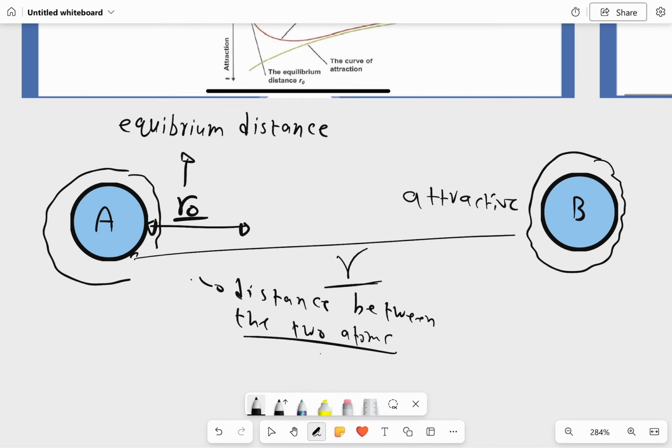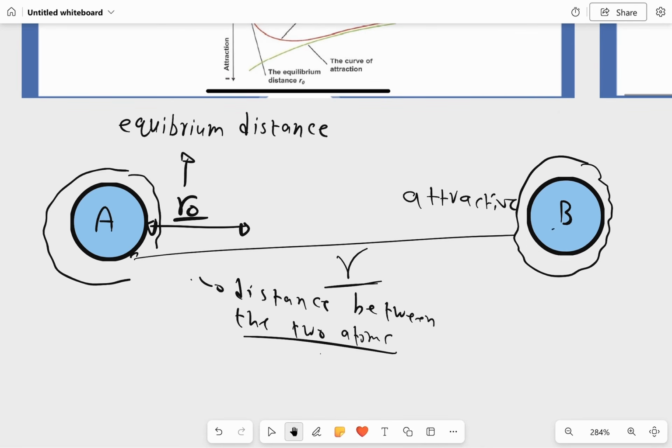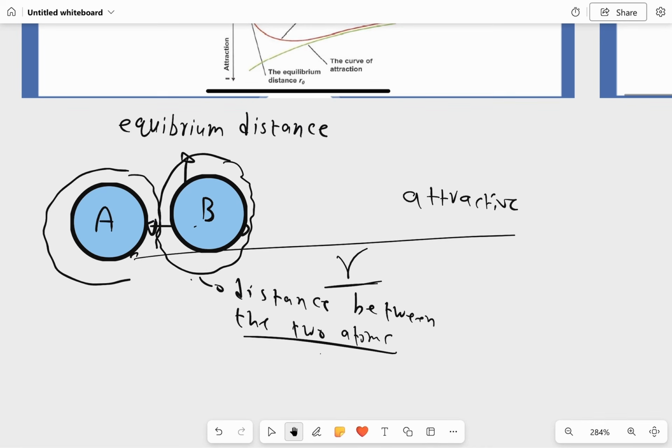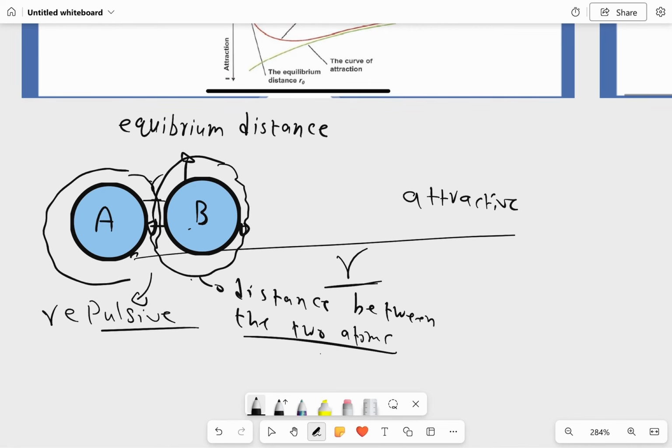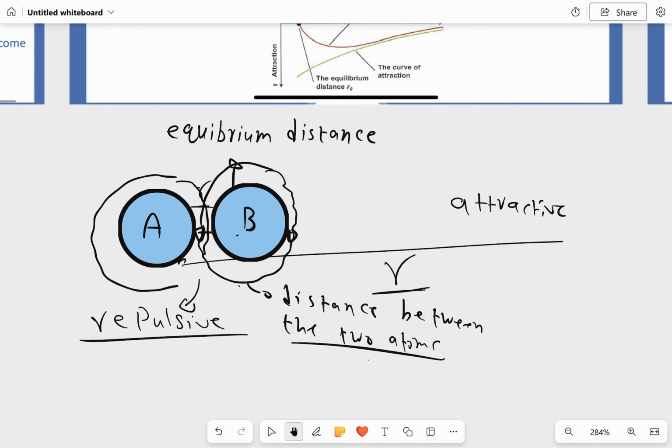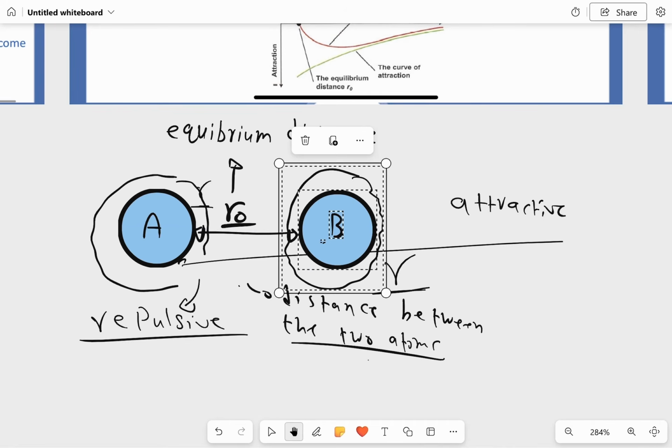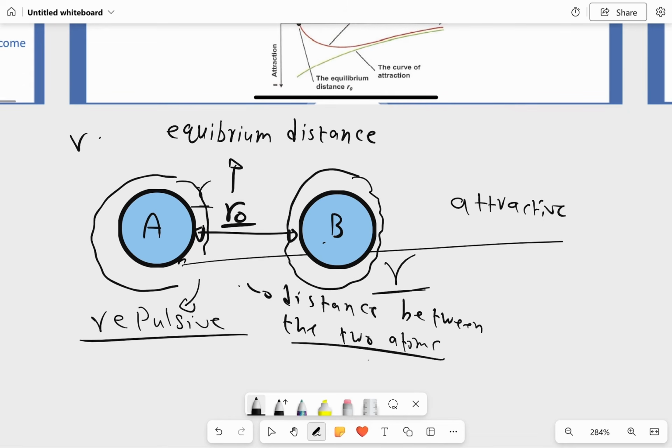Oppositely, if the distance between these two atoms becomes less than the equilibrium distance, the electronic clouds are now crossing each other. So the force between them will be repulsive. The atoms are going to repel each other. If R is equal to R naught, then this is called the equilibrium state.